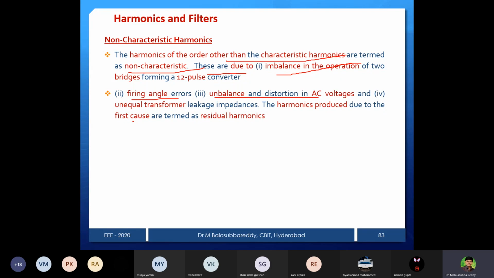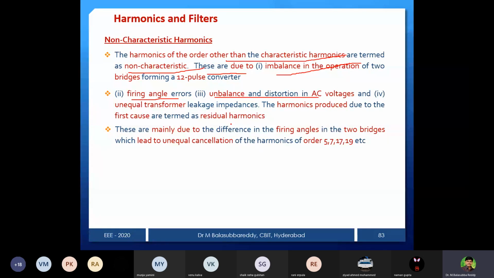Those are the reasons you get non-characteristic harmonics, mainly due to the difference in the firing angles. We call these firing angle errors.